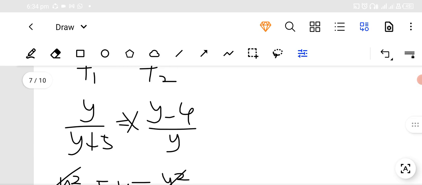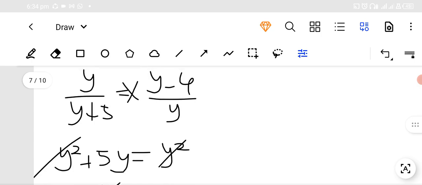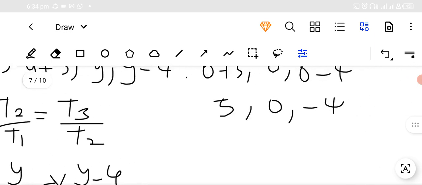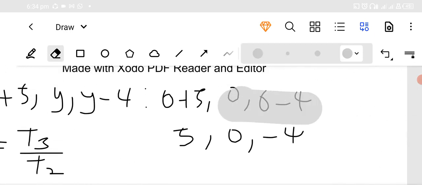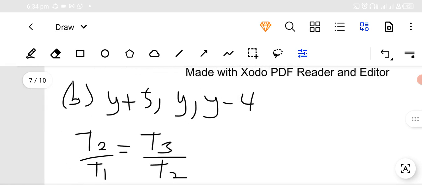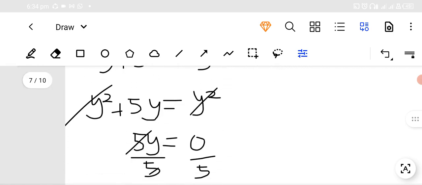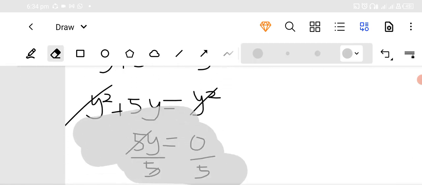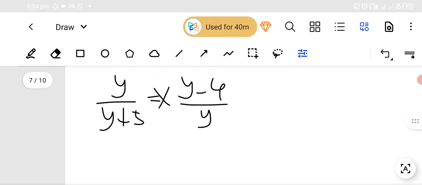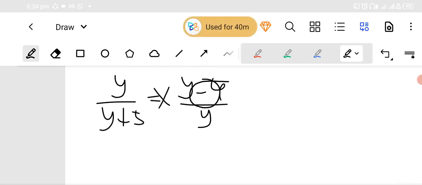Wait, how did we multiply first of all? That was supposed to give us something else, but that's why we check these answers. Sorry for that. I got ahead of myself there. I was only seeing a y up here, I wasn't seeing the minus 4 there.